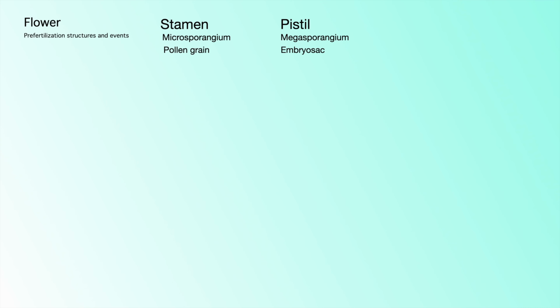We have seen that it is attached to the placenta by means of a stalk called the funicle. So, the funicle is the structure that connects the ovule to the placenta.